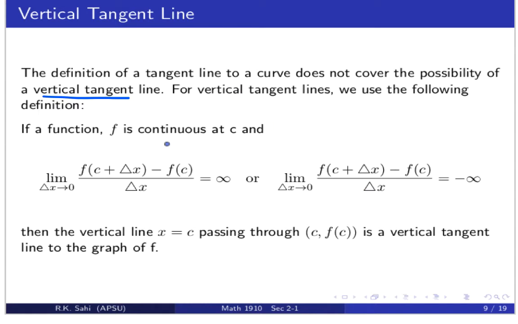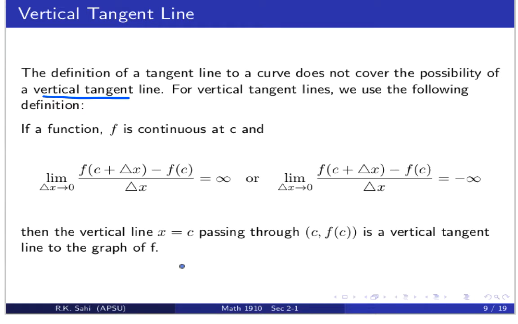It says if a function f is continuous at c, and the limit as delta x approaches 0 of f of c plus delta x minus f of c over delta x is either positive infinity or negative infinity, then the vertical line x equals c, which passes through this point, is a vertical tangent line to the graph of f.